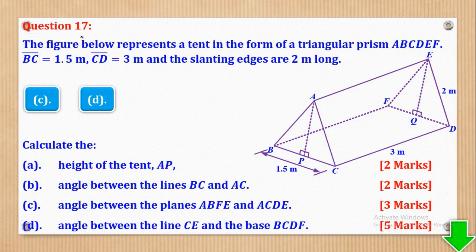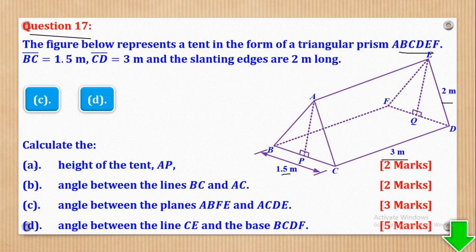So now we shall go to question 17. Question 17 says the figure below represents a tent in the form of a triangular prism ABCDEF. BC is 1.5 meters and CD is 3 meters, and the slanting edges are 2 meters long.